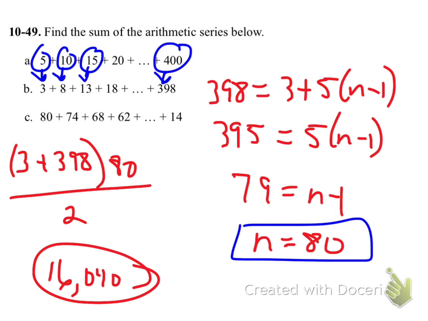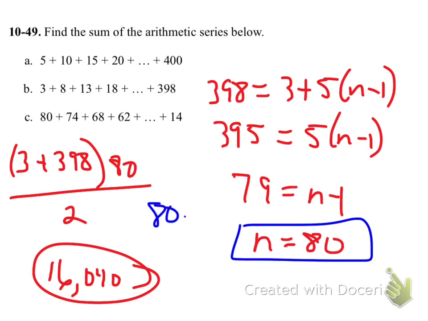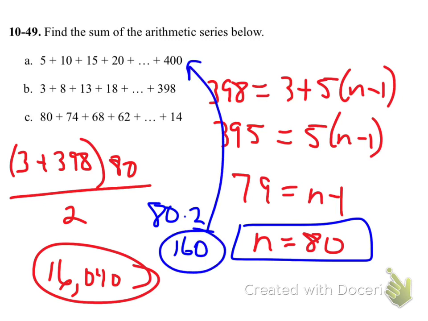Another thing to take a look at, based off of lesson 10.1.3, where we work with series like this, is if there are 80 terms and each term is 2 less, it's going to be 80 times 2, which is 160 less than the sum for that one.